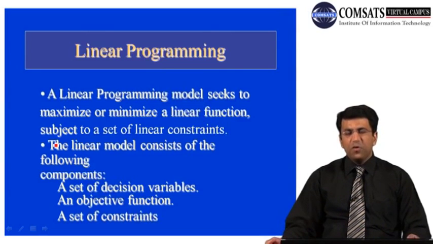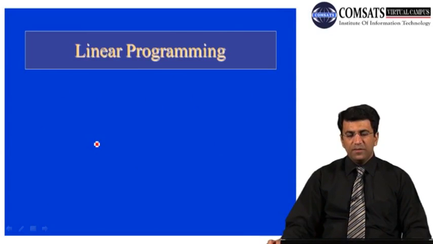The third important component of linear programming is a set of constraints, a set of limitations. As I just told you, every machinery, every human resource, every entity has certain limitations, so you'll have to identify those limitations in the form of equations or inequalities. So these are the very important components for any linear programming problem.